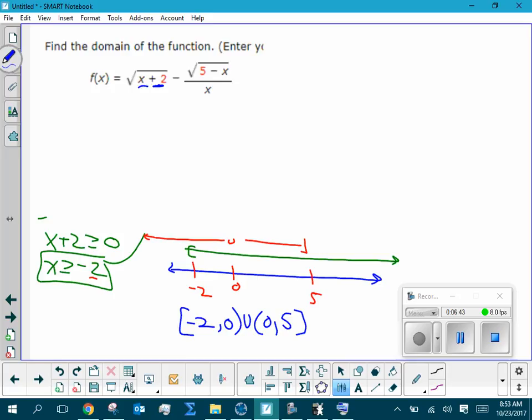So x is greater than or equal to negative 2 there. What x values am I allowed to put here? Well, the numerator has to be greater than or equal to 0, and the denominator cannot be 0. So I start thinking about all those domains and the restrictions on them, and realize that it's a sum of functions, so I've got to look at the overlap.